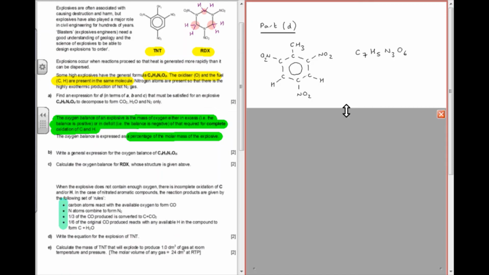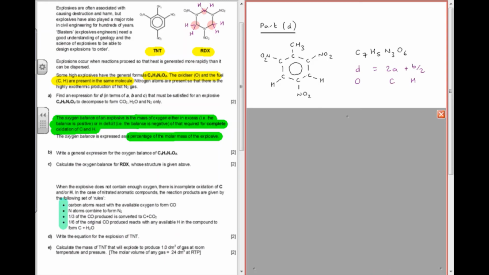In Part A, we determined that for complete combustion, the number of atoms of oxygen, which was given by D, had to be equal to 2 times A, where A was the number of atoms of carbon, plus half of B, where B was equal to the number of atoms of hydrogen.